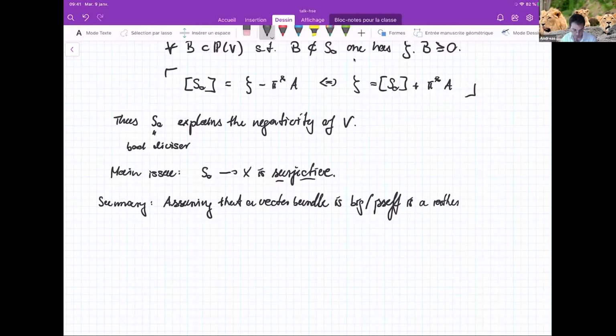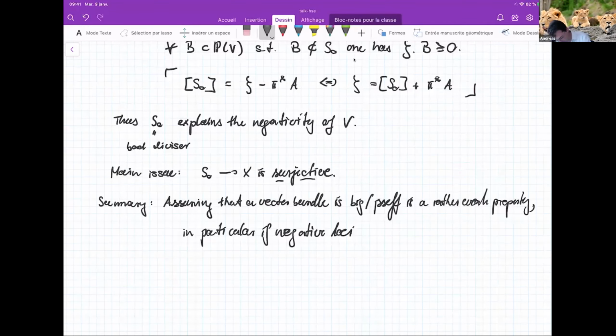In particular, if you have negative loci which dominate X. By negative loci I mean those loci swept out by curves which have negative intersection with the tautological class.